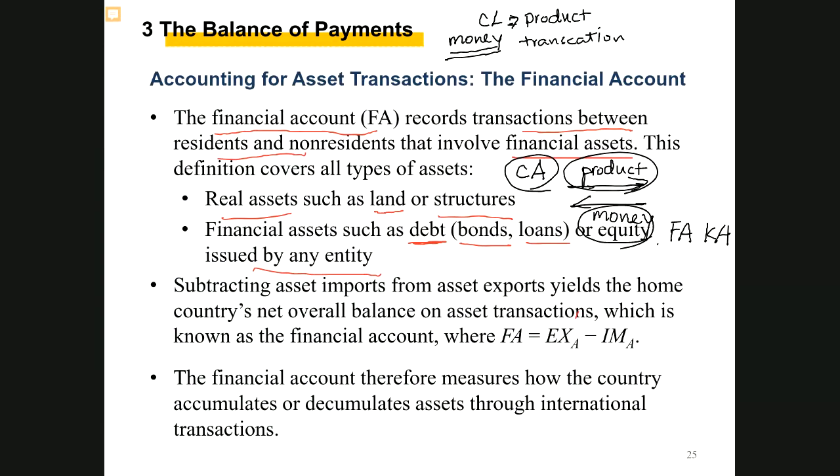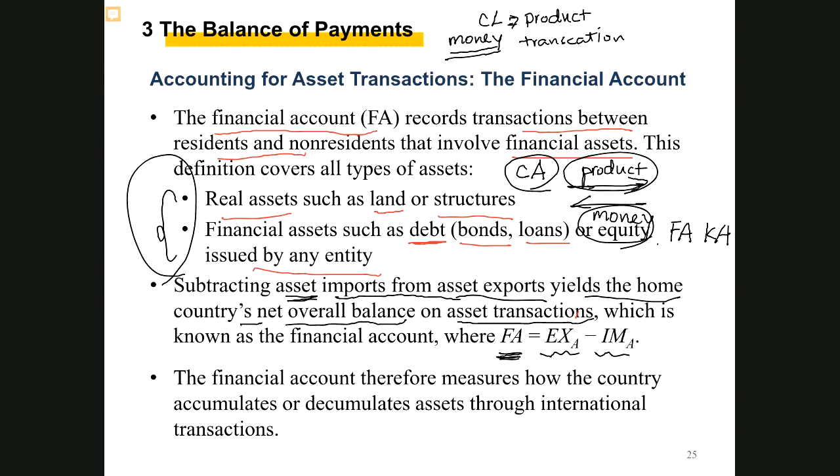Okay, so financial account, what is this? Subtracting the asset import from asset export. So this yields the home country's net overall balance on asset transactions. Okay, so these are the goods they are looking at, and the goods are money, right?